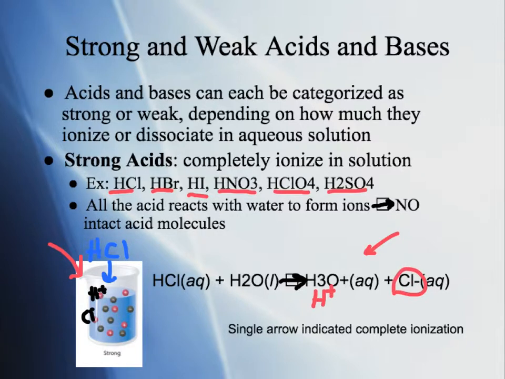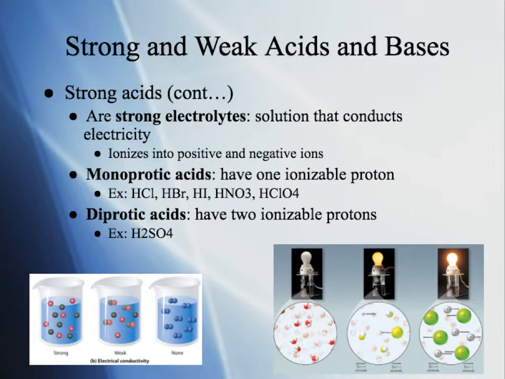This single arrow indicates complete ionization, that there's no intact HCl left over when this is all dissolved. We're going to see this is different than a double arrow, which we'll see in a couple of slides.